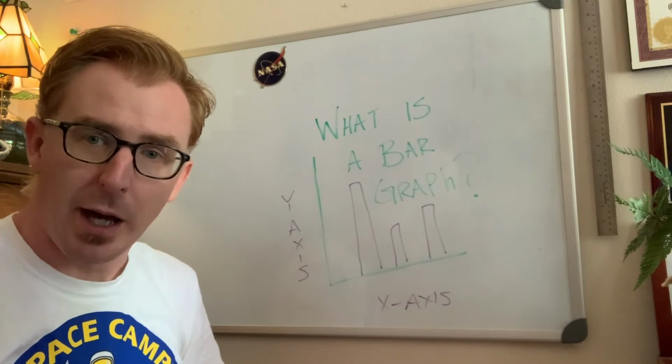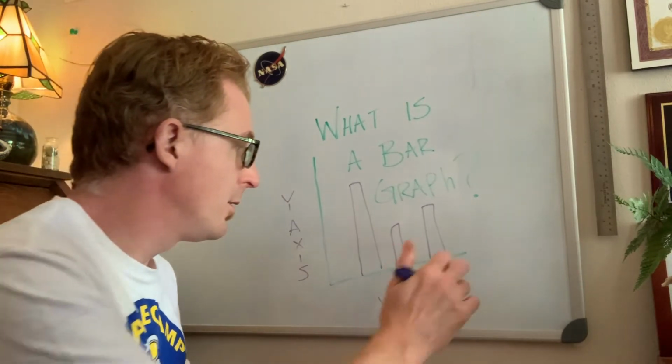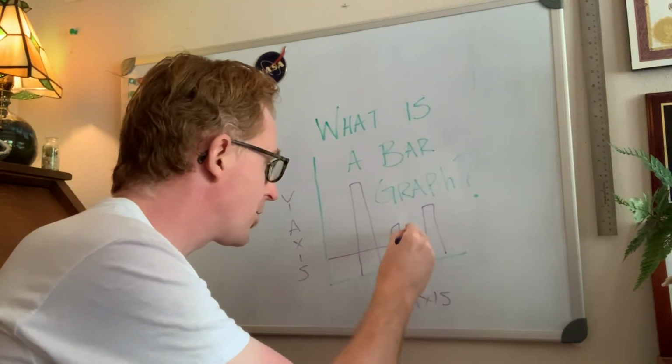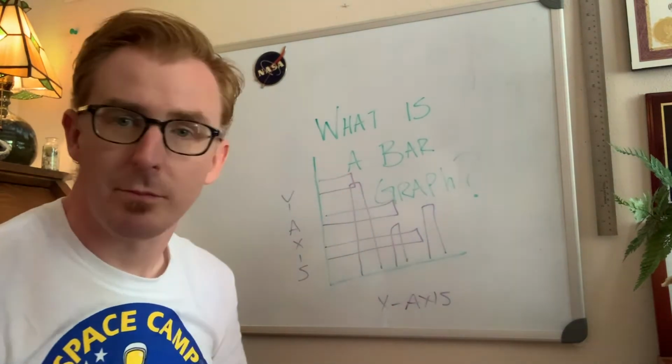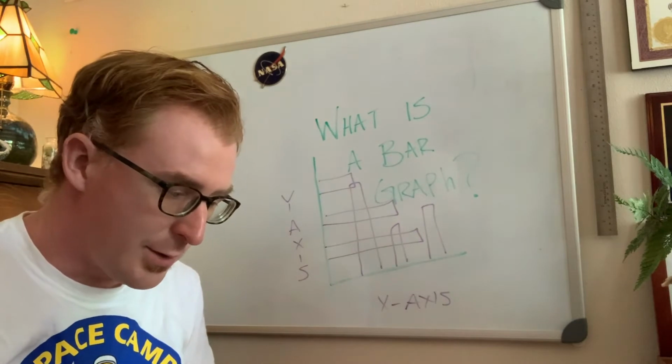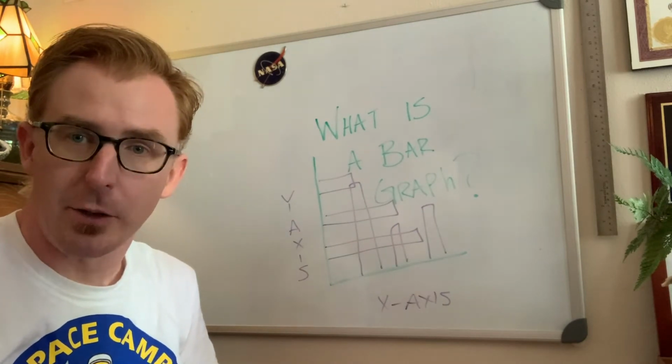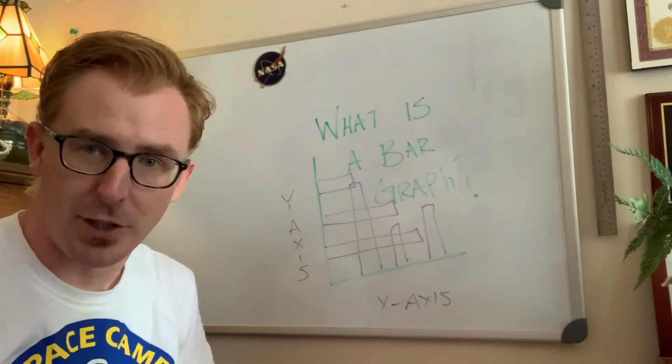So you can also have bar graphs where the bars go horizontally. So it just depends on how the graph maker wants their data to be represented.